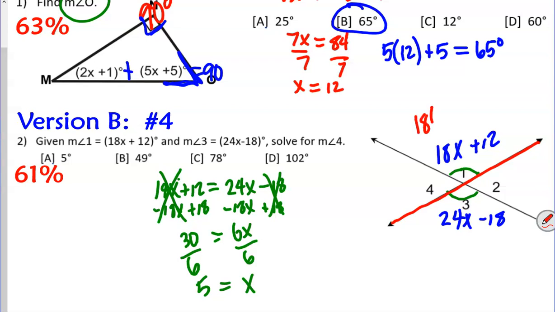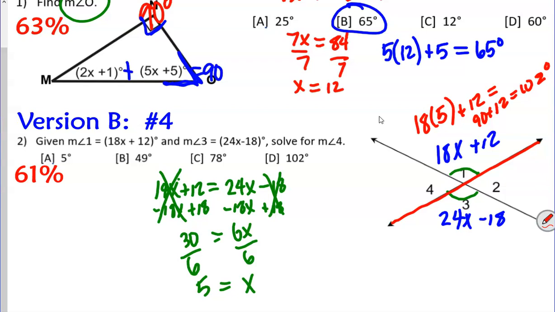So now let's go ahead and put that 5. So 18 times 5 plus 12, so that's going to be 90 plus 12, which is 102 degrees for that angle. Now, again, you could have put it down at the bottom.